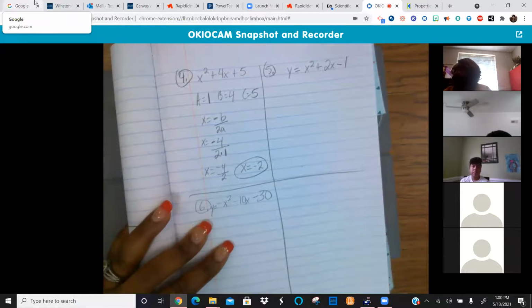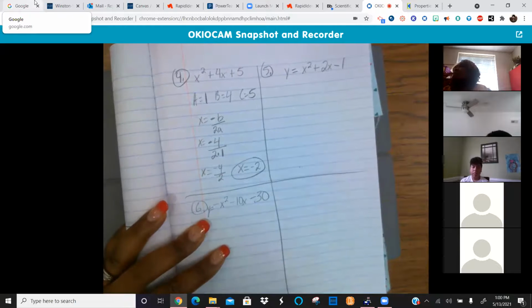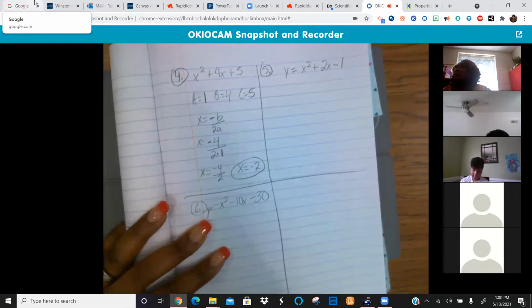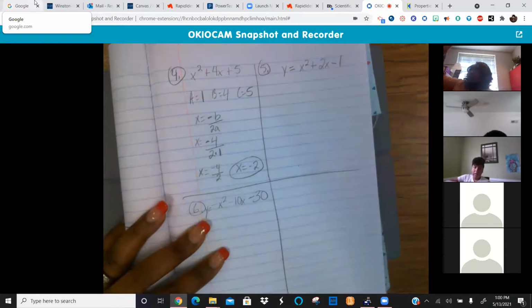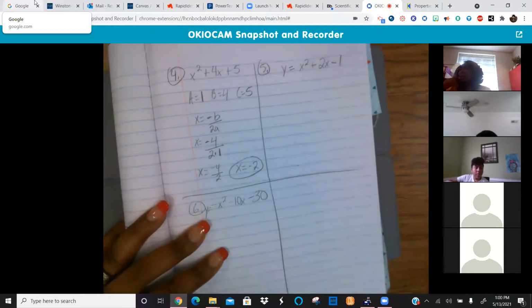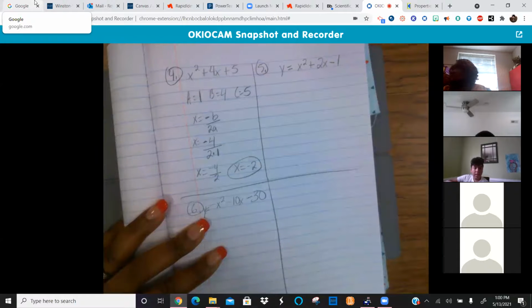Honestly, when you think about it, what in real life is going to make a U shape? It's a lot of things that make a U shape. A horseshoe? Nope. A full floaty?